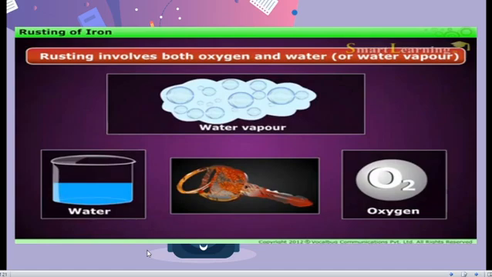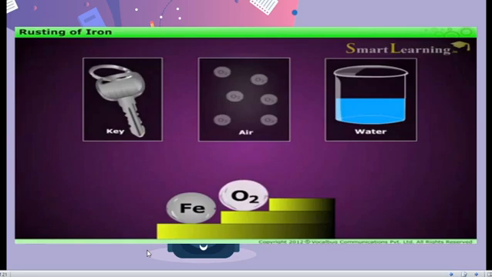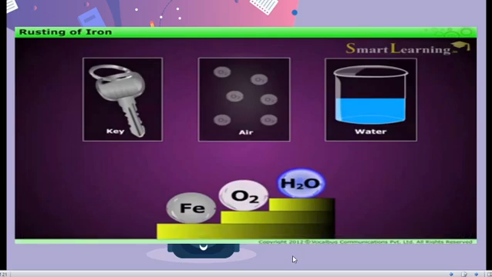This process can be represented with the help of an equation. The symbol of iron is Fe, and that of oxygen is O2, whereas the symbol of water is H2O. Remember, oxygen is present in the air.